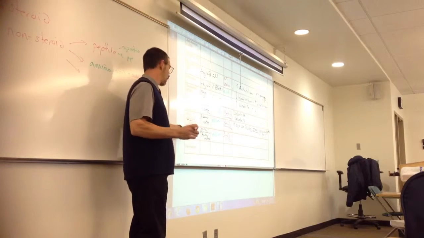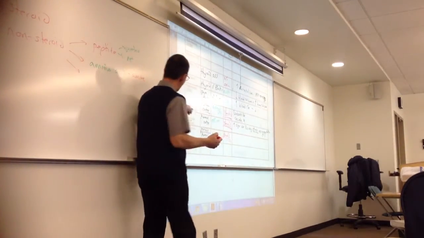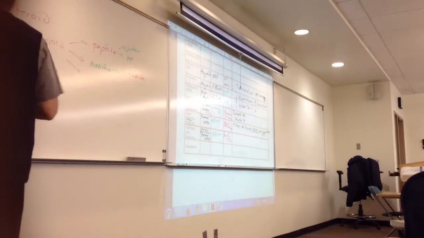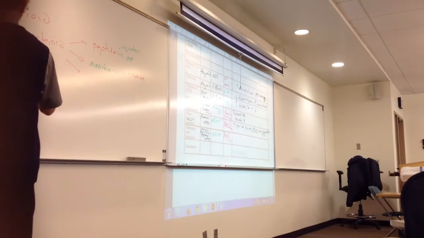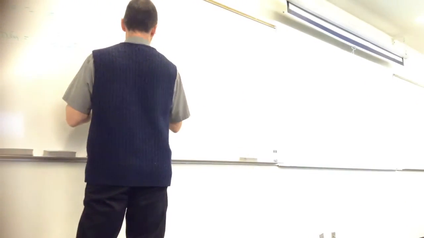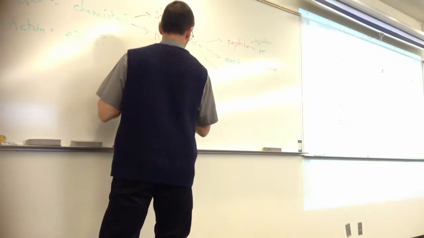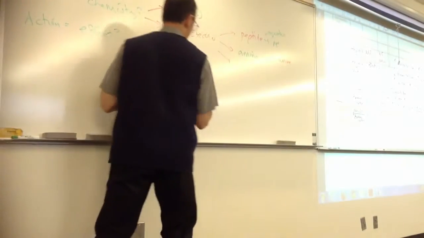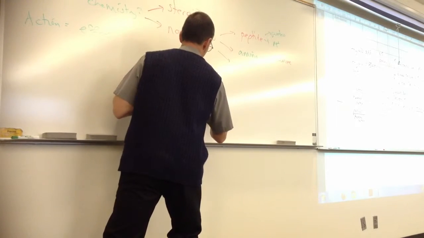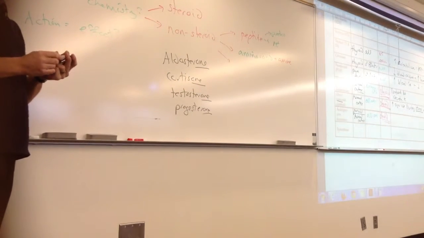They're all steroidal. There's another little trick. This may or may not help you. If I write out all these hormones in their formal names: I have aldosterone, I have cortisone, I have testosterone, progesterone. Bingo. If they end in "-one", they're a steroid.